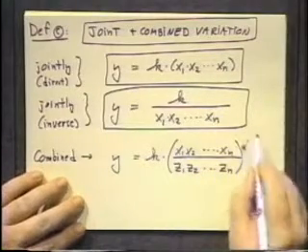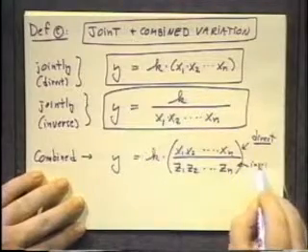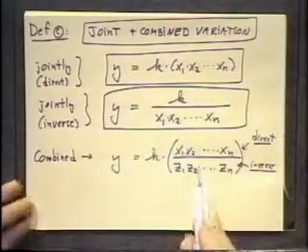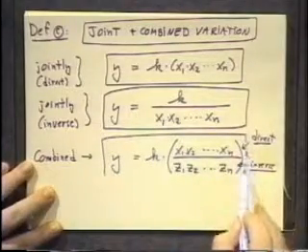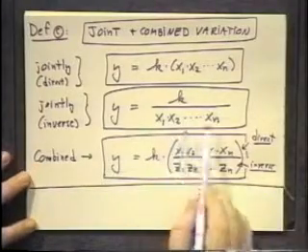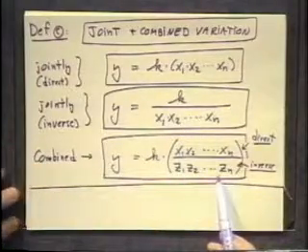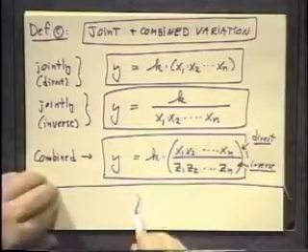So the top represents direct variation, the bottom represents inverse variation, and since they're both present, this is referred to as combined variation. Okay? And the x1, x2, xn, and the z's are all various quantities, and the k, as usual, is non-zero. So let me show you some examples of this.